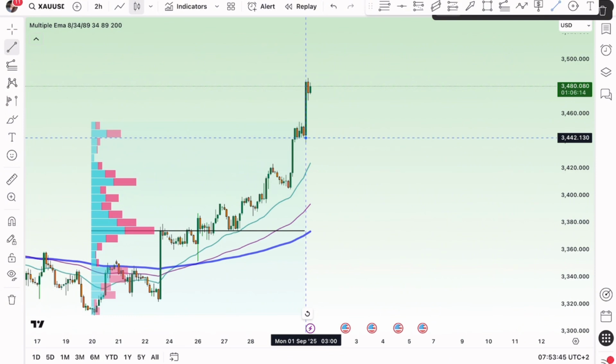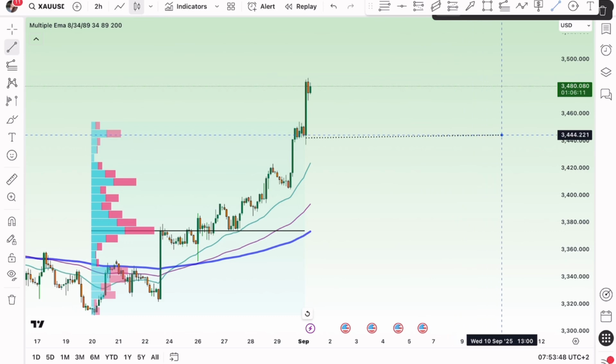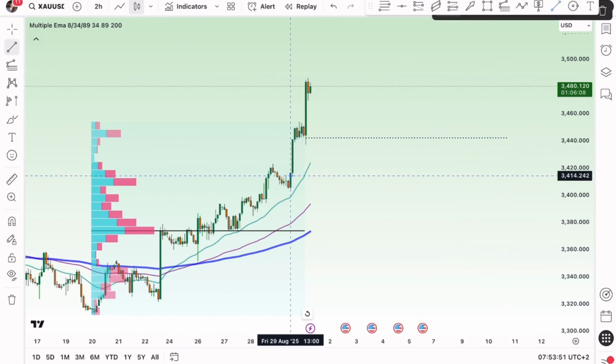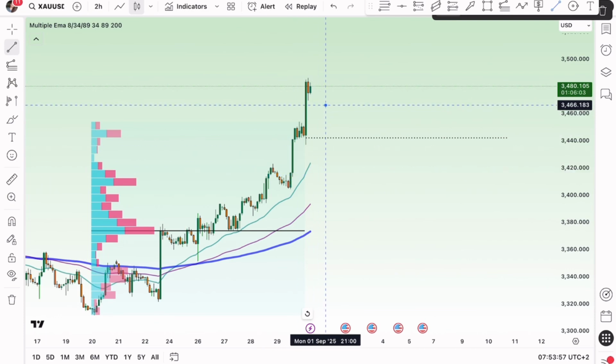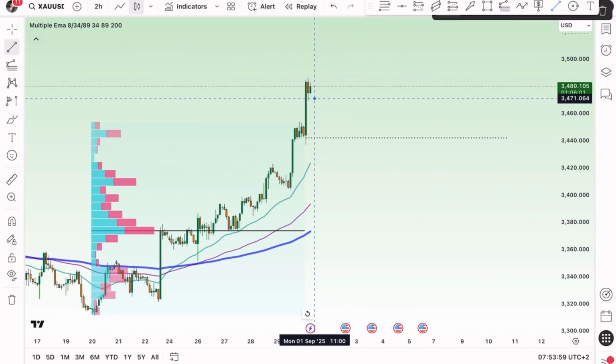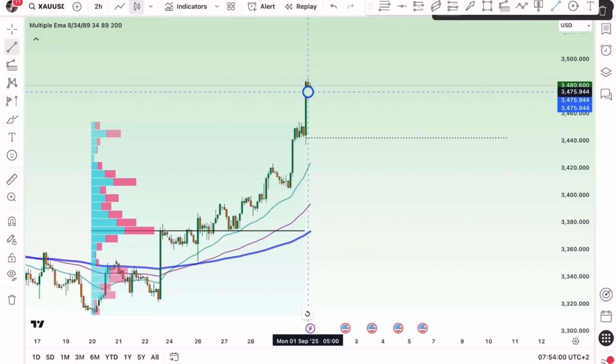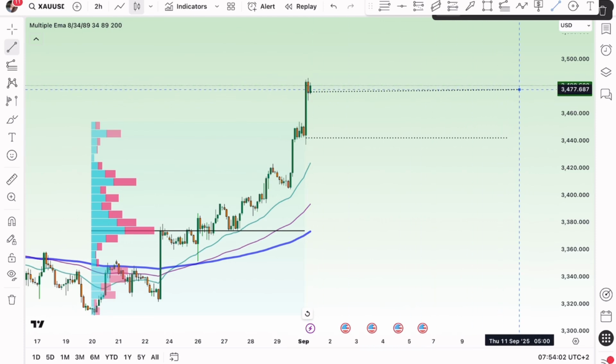Regarding the resistance zone, the current price is very close to the $3,500 level. This is an extremely important resistance zone, and there's a high probability of a consolidation or correction. And lastly, relating to the support zone, a nearby and notable support zone is around $3,420.